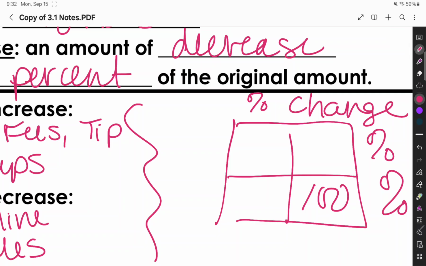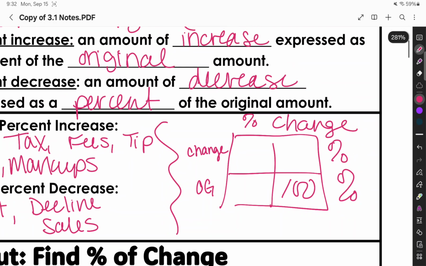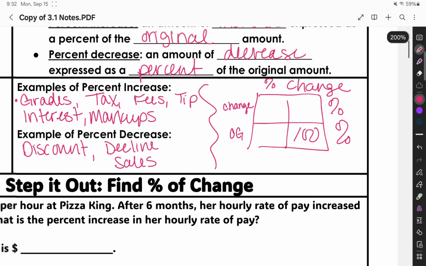The top box is going to be our amount of change, how much has changed over the OG, or the original amount. We're going to use this same percent box over and over again, so it's important for us to remember that box.